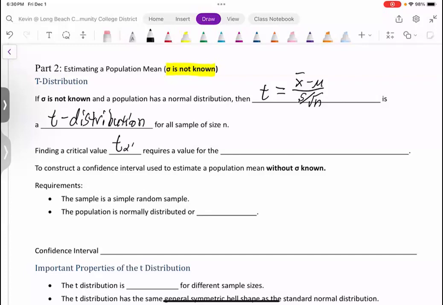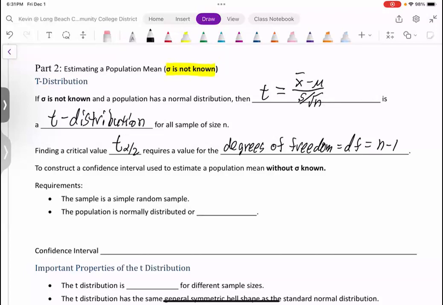This is now t sub alpha over 2. It can be very similar to what we just did. Requires a value for the degrees of freedom. Degrees of freedom are sort of like our wiggle room. We often refer to degrees of freedom as df. In fact, from now on, I'll probably usually just write it as df. And for a t-distribution, that's going to be n minus 1.